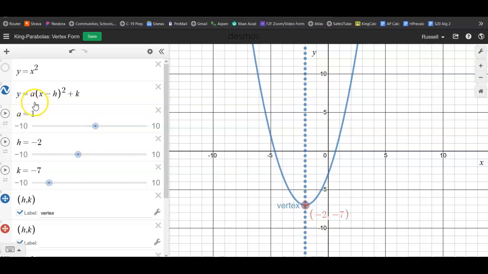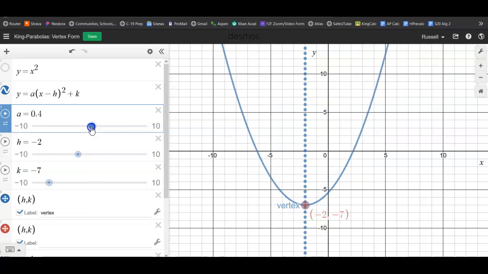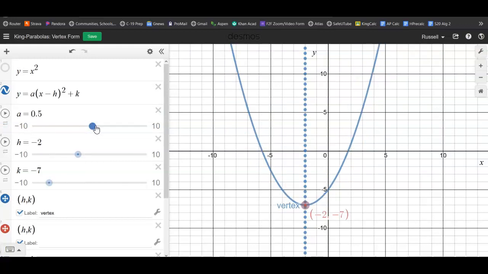And since all of that, 1/2 times x plus 2 squared minus 7, determines the y value, the y values shouldn't be as big, should they? Let's find out. I'm going to move a to a smaller value. And there's a at 1/2, 0.5.